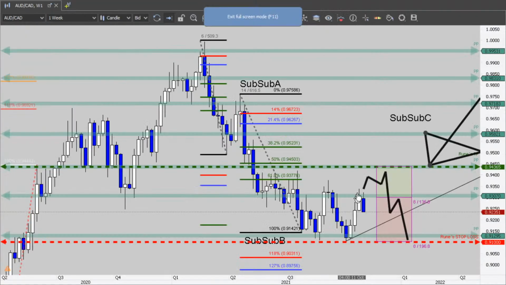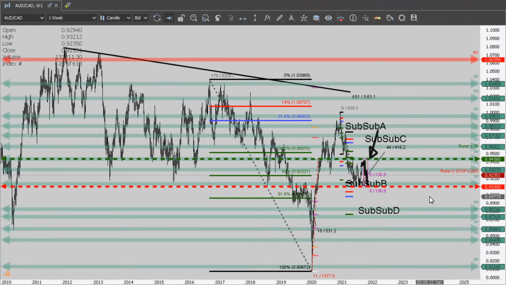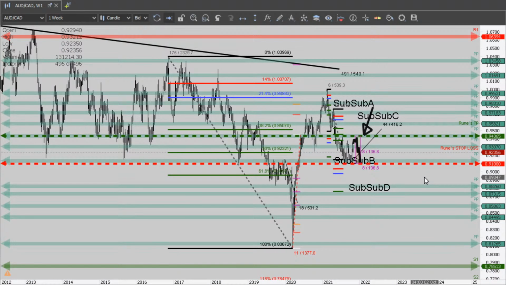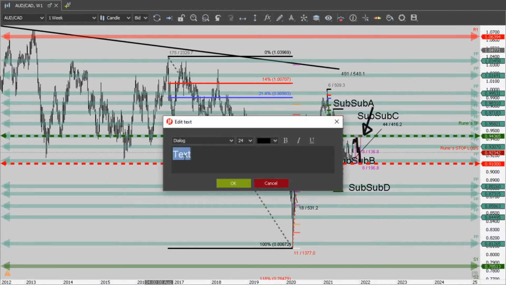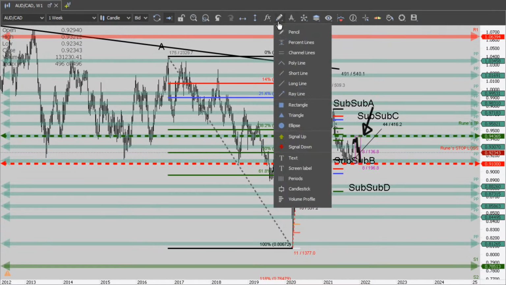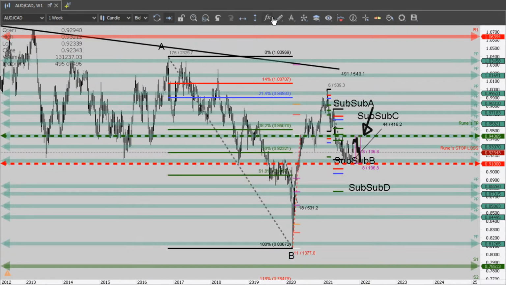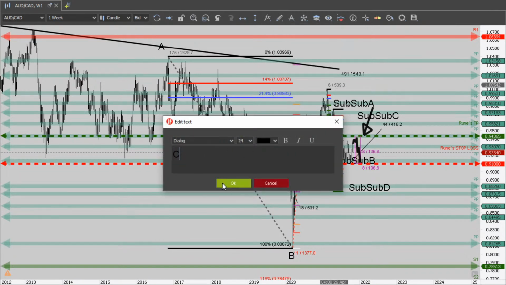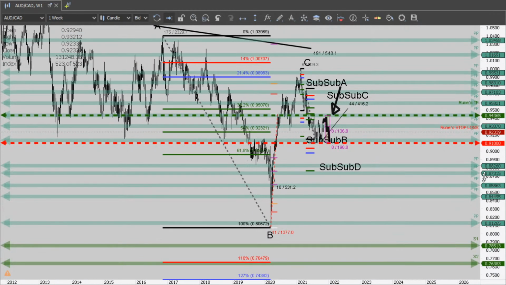What is the AUD CAD trend direction on the weekly chart, everybody? Up or down? And this is capital A, and this is capital B, and this is capital C. A, B, C, and projected the extension, right?